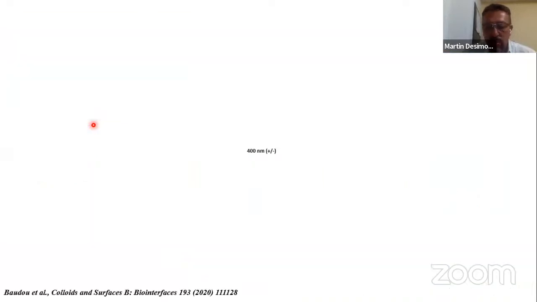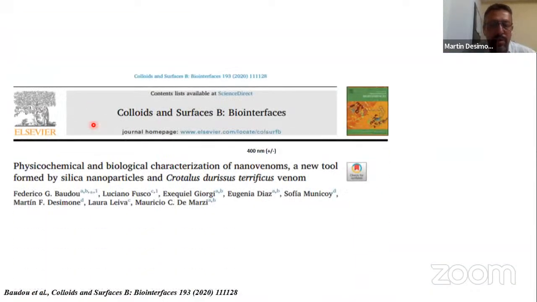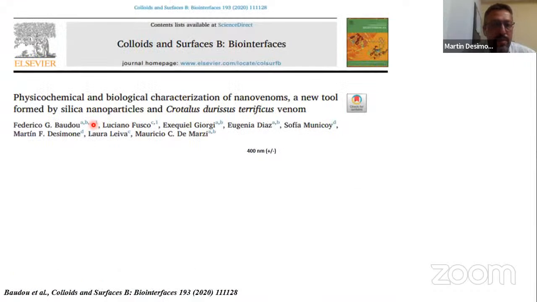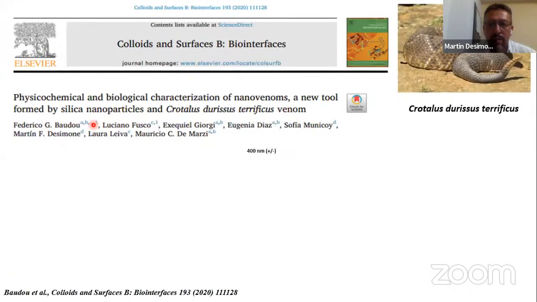And for example, I will go to the example of the application of these silica nanoparticles to prepare nanovenoms. In this case, we absorb different proteins present in the venom of this very nice species. This has a very toxic venom.